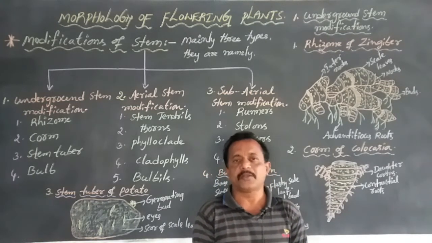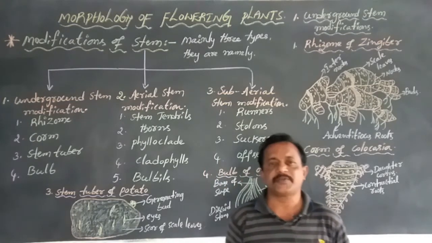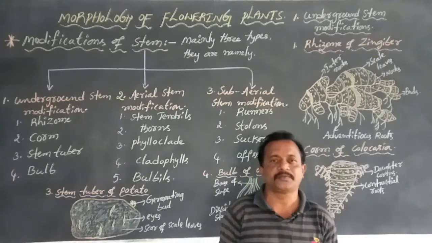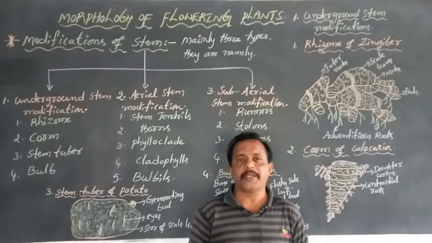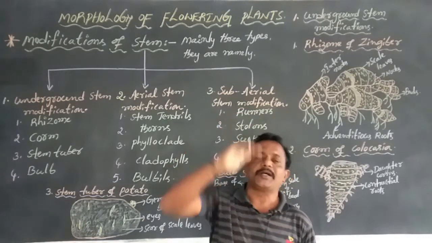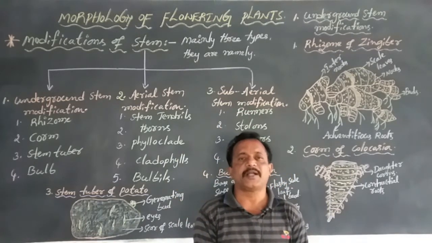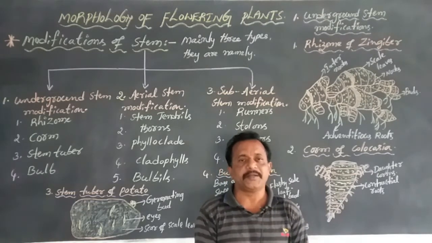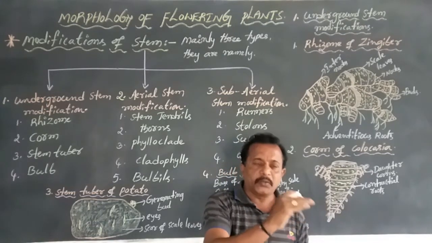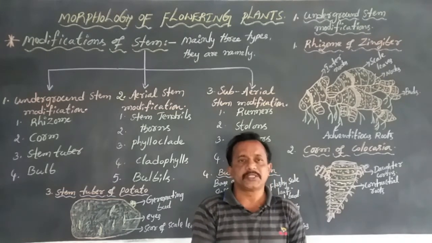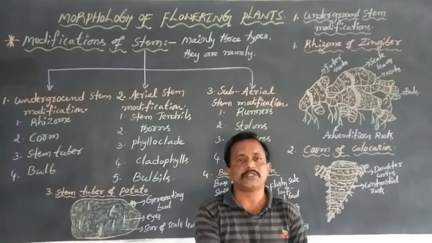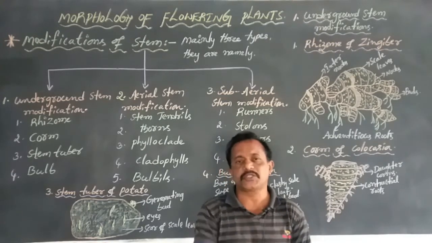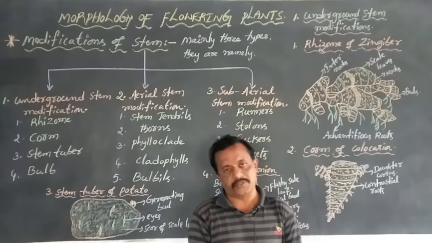First, the part of the plant body present below the soil is called the root, and the part present above the soil is called the stem. Next, the root always shows positive geotropism, while the stem always shows positive phototropism.